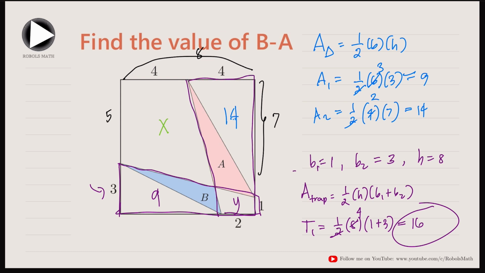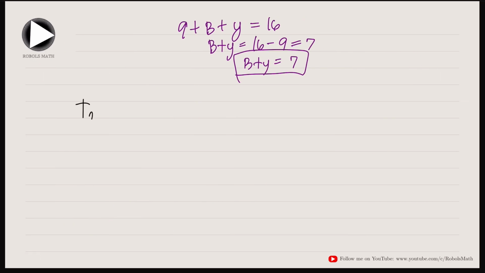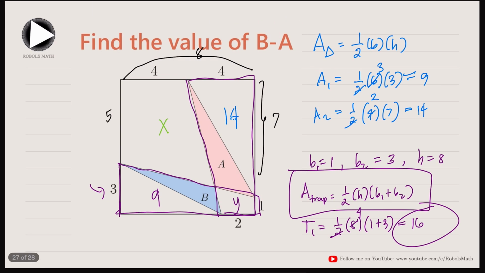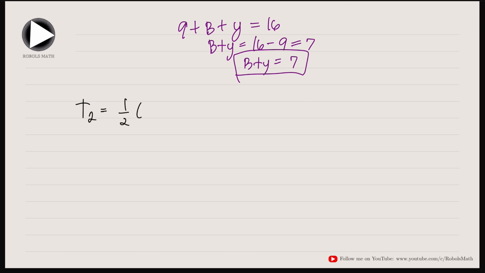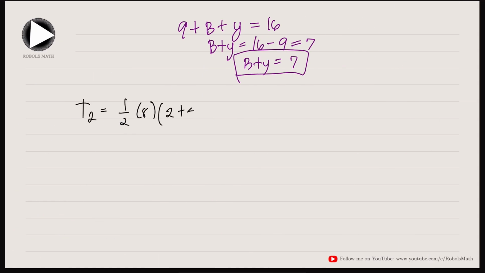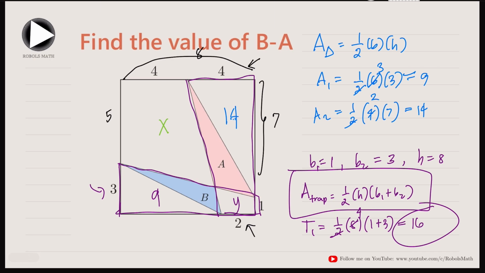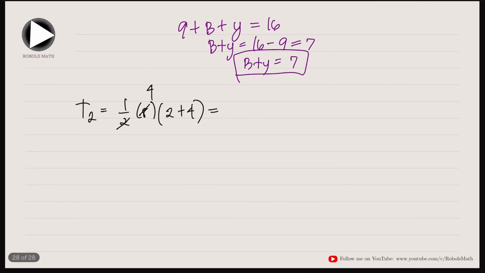Now we consider the next trapezoid here, this one. Again, we use this formula right here. We get that T2, the area of trapezoid 2, is equal to 1/2 times the height, which is 8, times base 1 equal to 2 plus base 2 equal to 4. So this is 4 times 6, which equals 24.